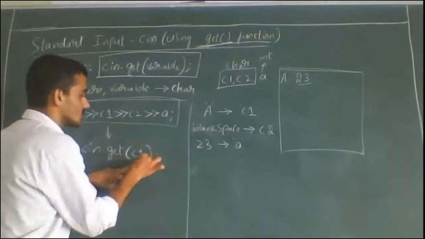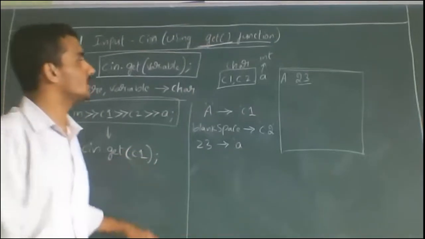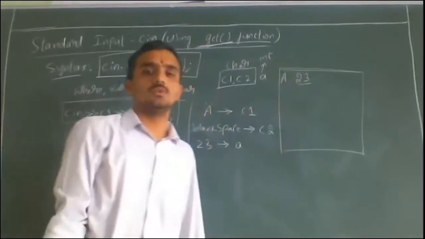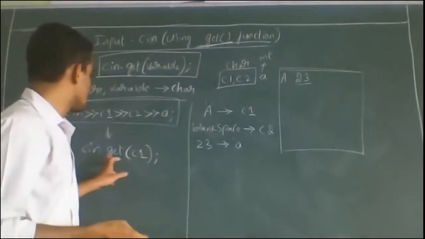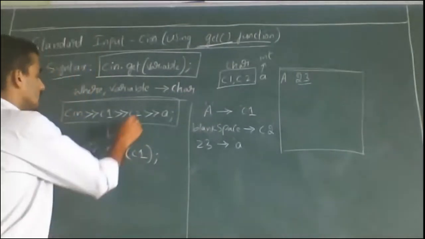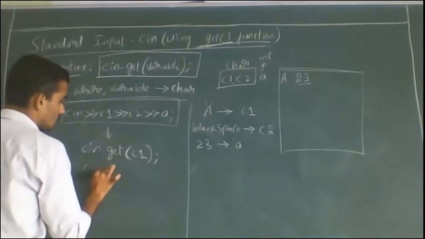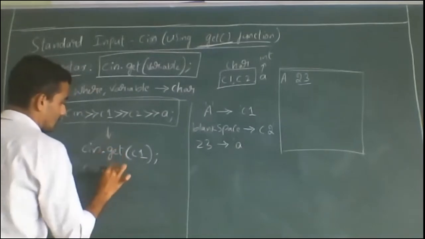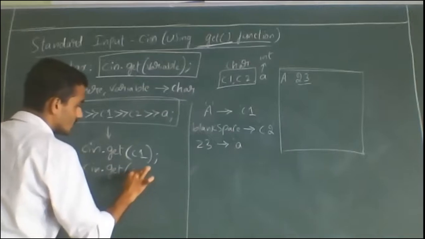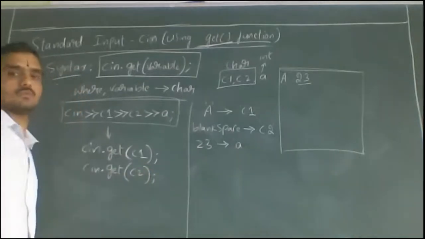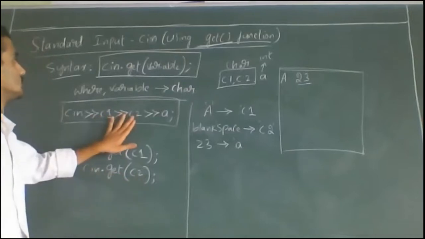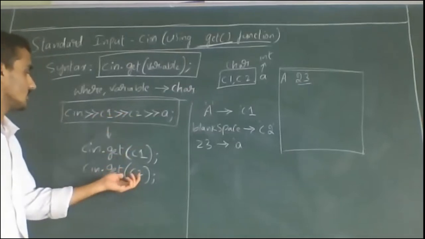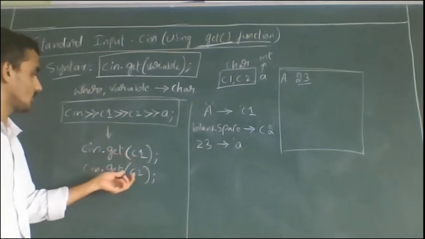I am not using the extraction operator here, because the extraction operator will not consider the blank space. For that purpose, I am not using it. Next, for C2 also, cin dot get of C2. So for the 2 variables C1 and C2, which are of type character, I am using cin dot get of C1, cin dot get of C2.